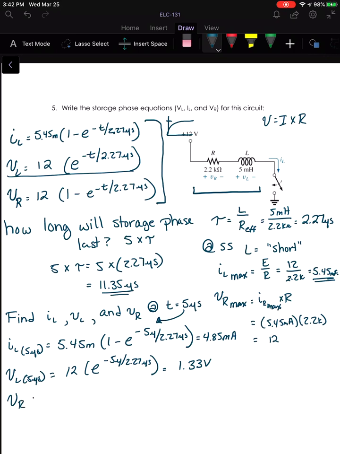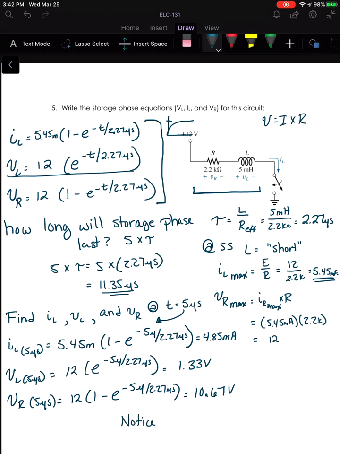And then the voltage drop across the resistor at 5 microseconds is going to be 1 minus e to the minus 5 microseconds over 2.27. So there we're at about 10.67 volts.